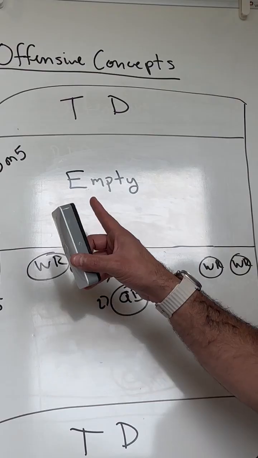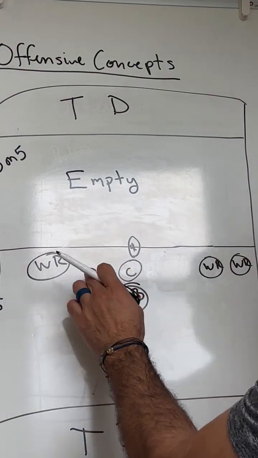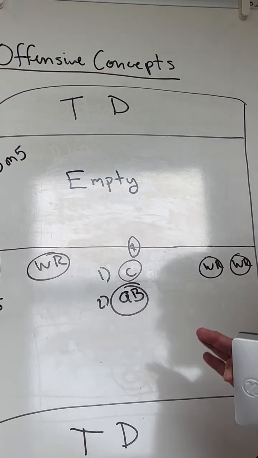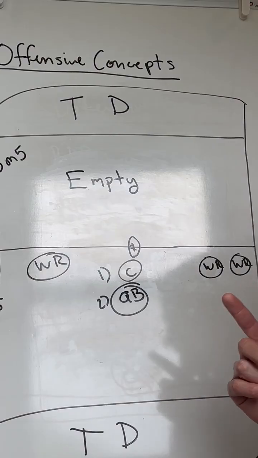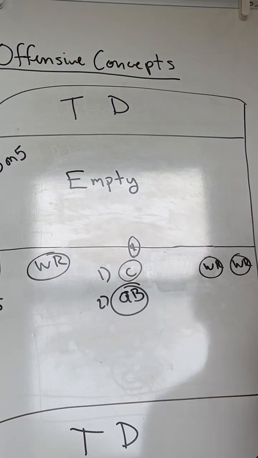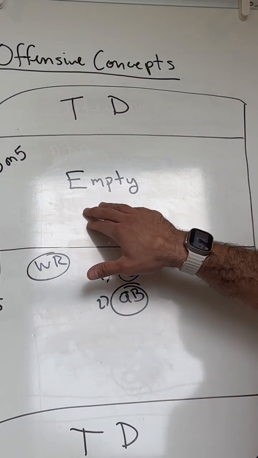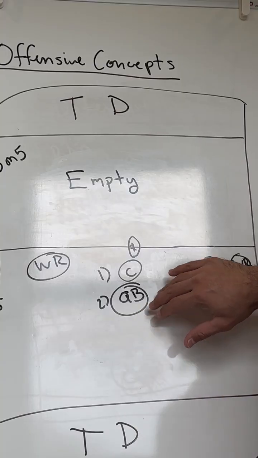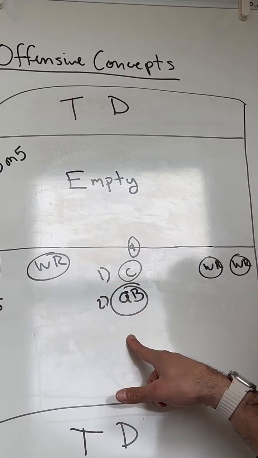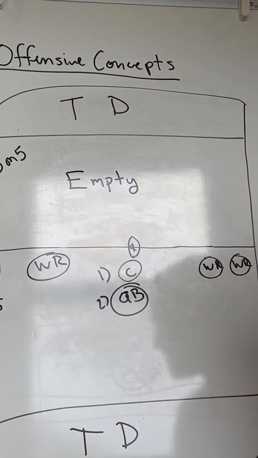We're the offense going this way, so you can see what that is. There's a bunch of different things that we can do, but conceptually, when we use the term empty on offense, what we really mean is that there's no running back here, and instead there's going to be another wide receiver.